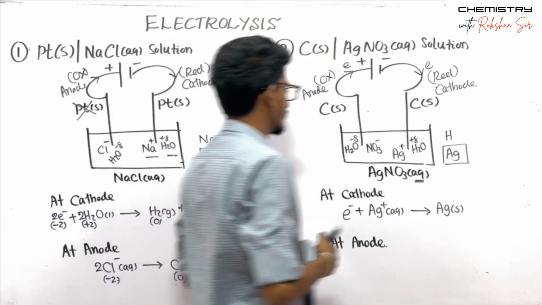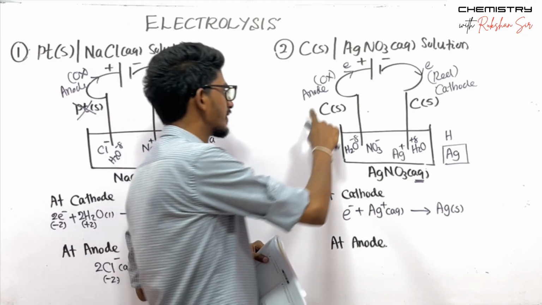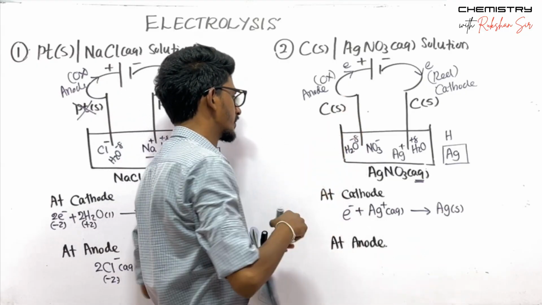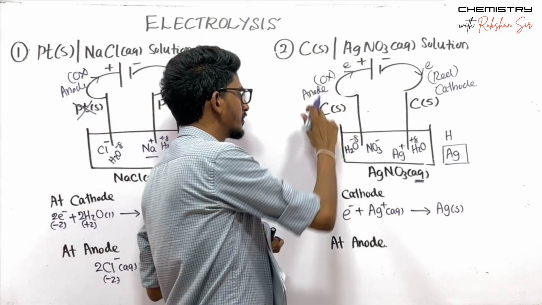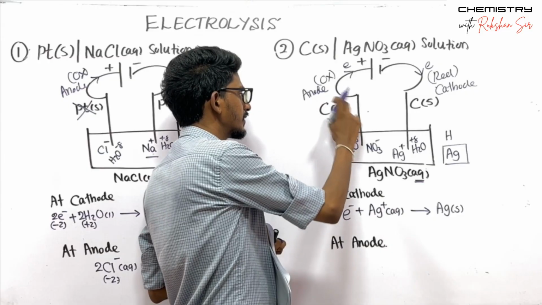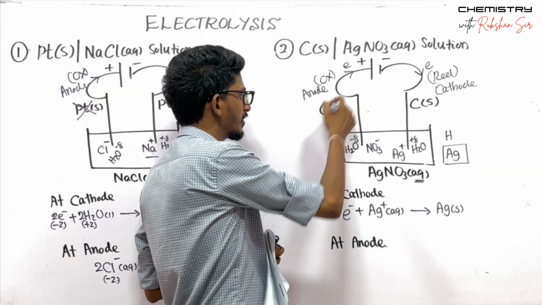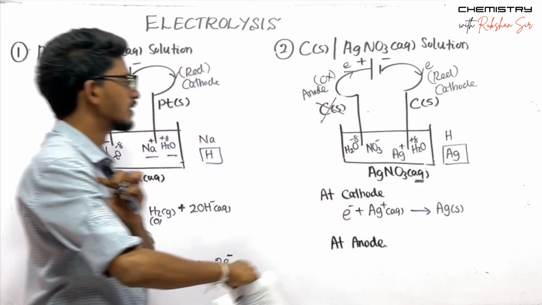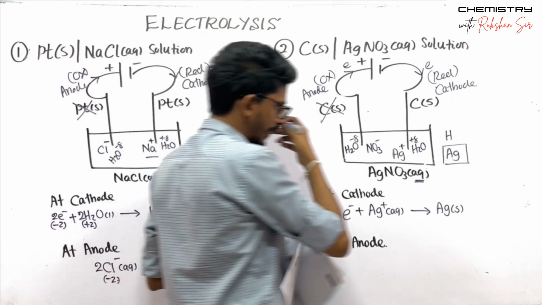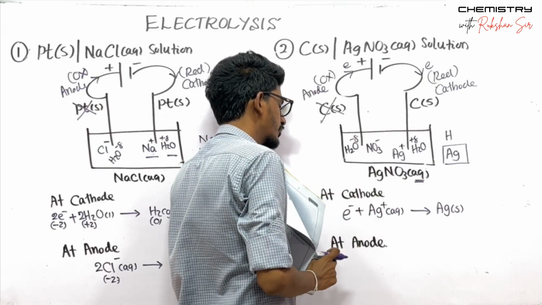Then the anodic reaction. First, we need to consider the anode, whether it's an active anode or a passive anode. Yes, this one is a passive anode, not a metal. Other than platinum and gold, carbon solid graphite is a passive anode. Then we have to select species from the solution.